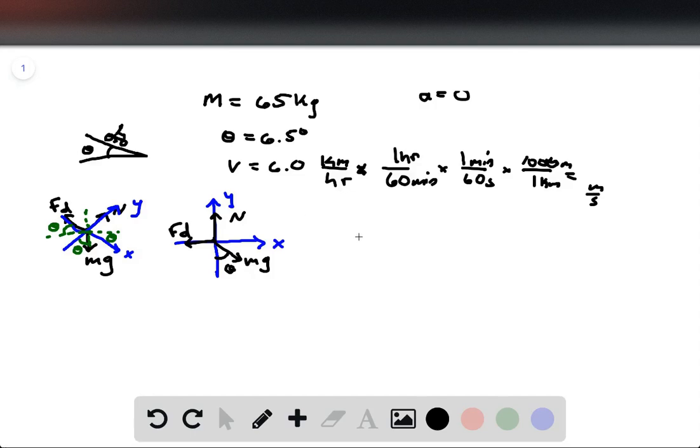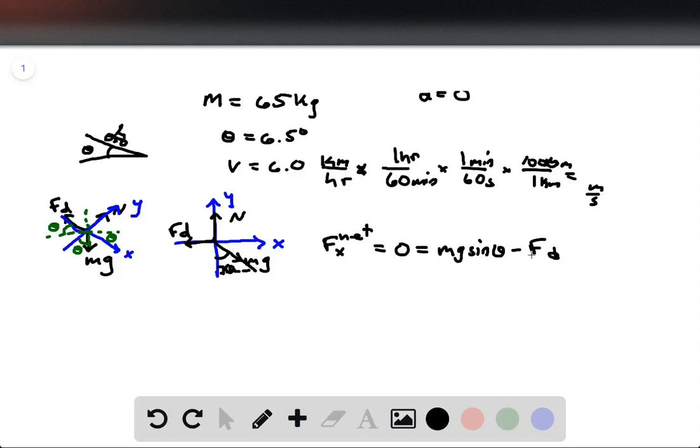And we know that there's going to be a net force in the x direction, but it's actually 0 because she's just coasting, so no acceleration. Bringing her down the hill is the component of gravity. Just drawing a right angle here, in the x direction, the length is the magnitude of this vector, mg, and we need the sine of that angle to find this component here. So that component is mg times sine of theta. And in the opposite direction is the drag force.